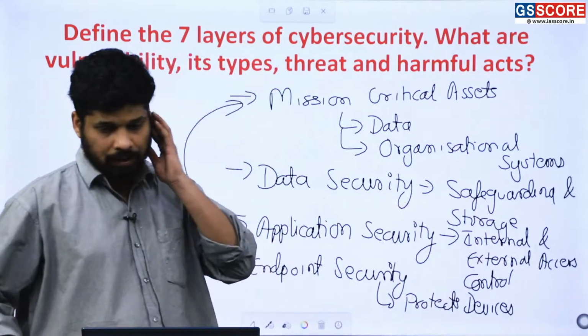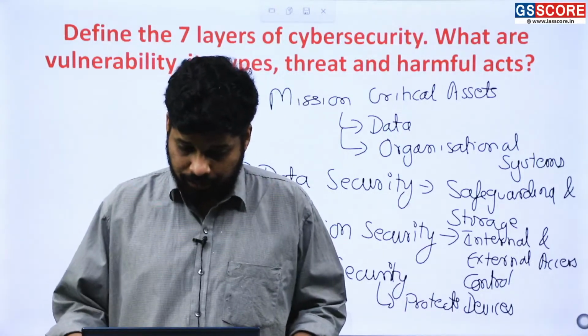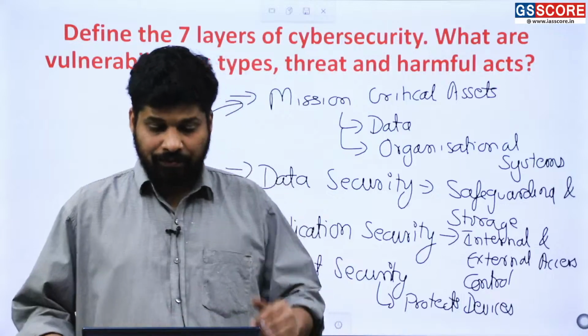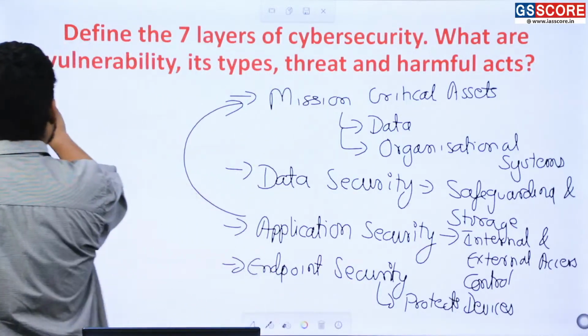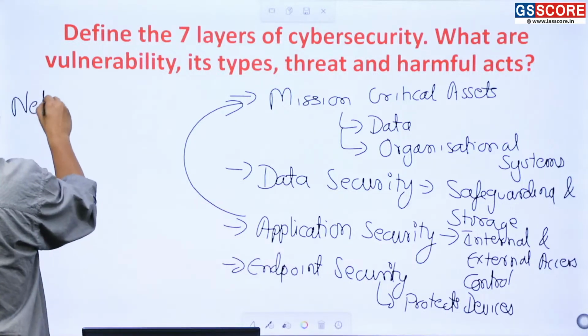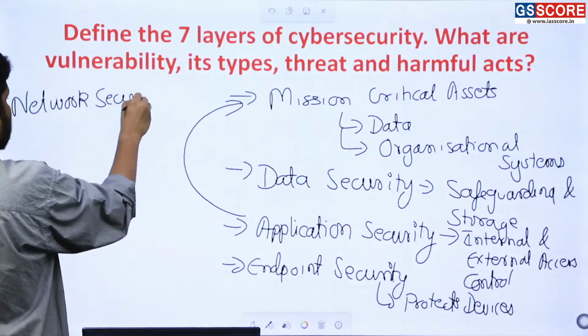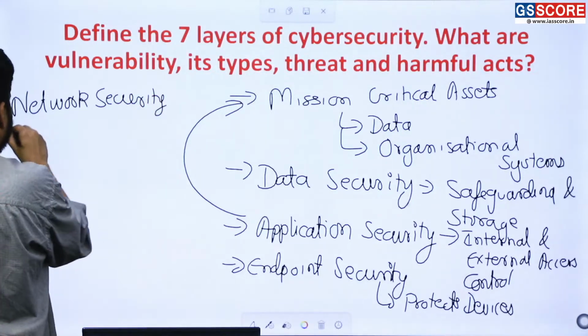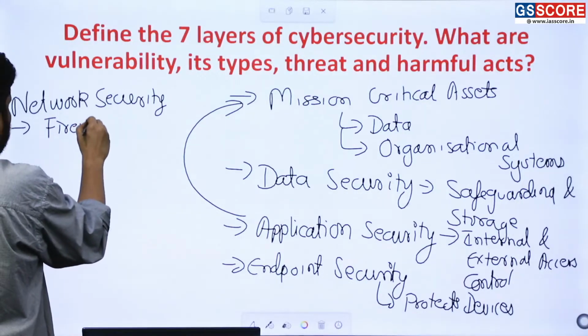Then we come to network security. Network security basically are the firewalls that protect access of any organization. So they are internet firewalls basically. Network security is or are internal firewalls.